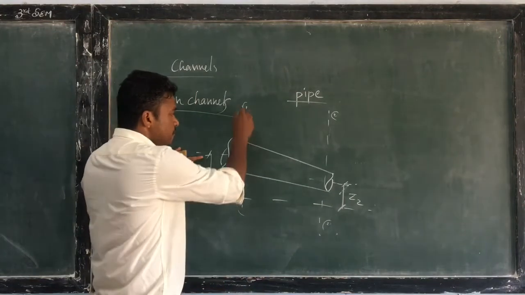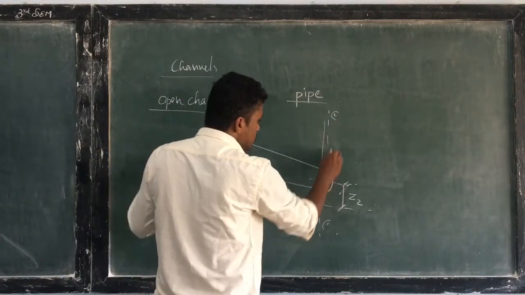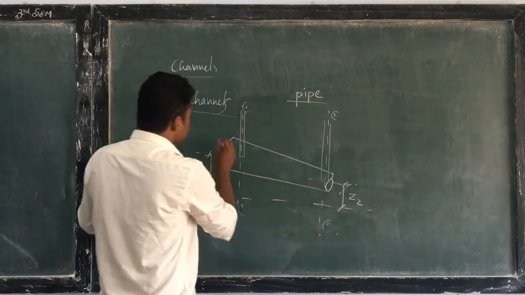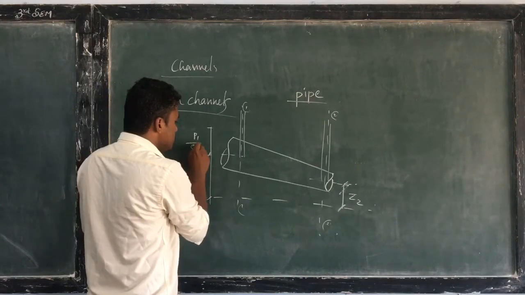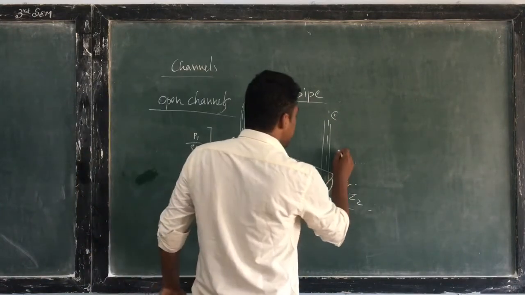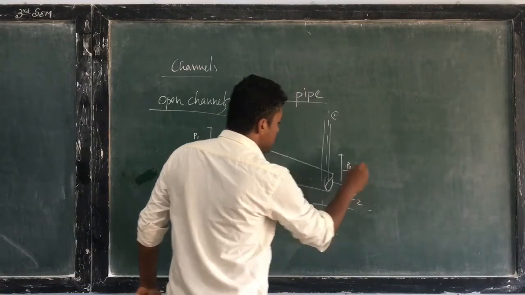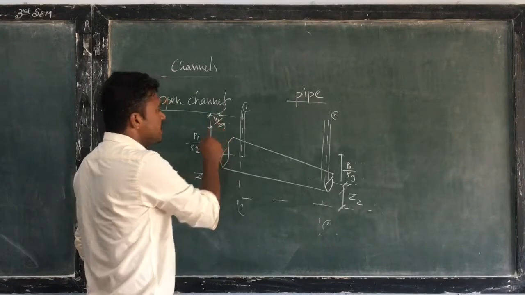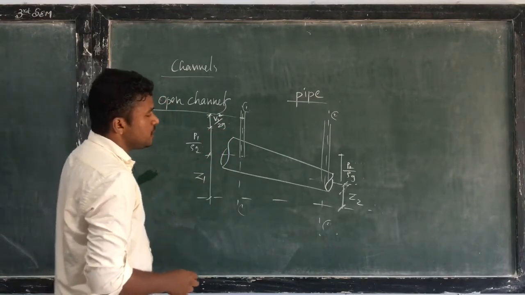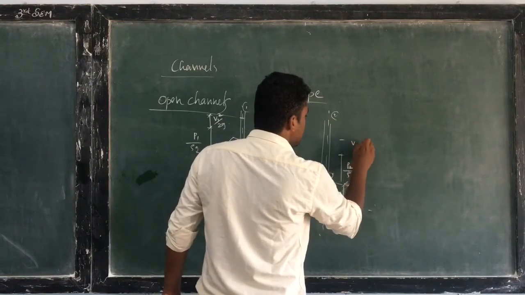If you insert a piezometer in these two sections, then you can see the pressure head, which is P1 by rho g by Bernoulli's equation, and here it is P2 by rho g, and kinetic head is V1 square by 2g, and here kinetic head is V2 square by 2g.